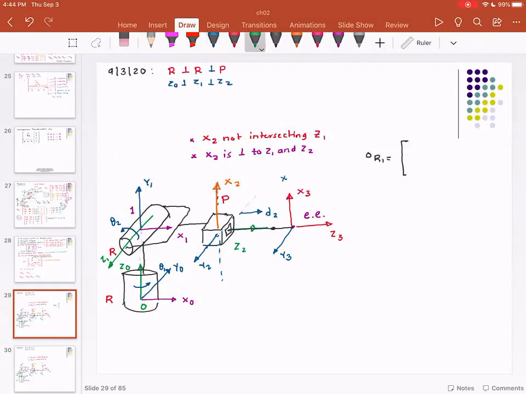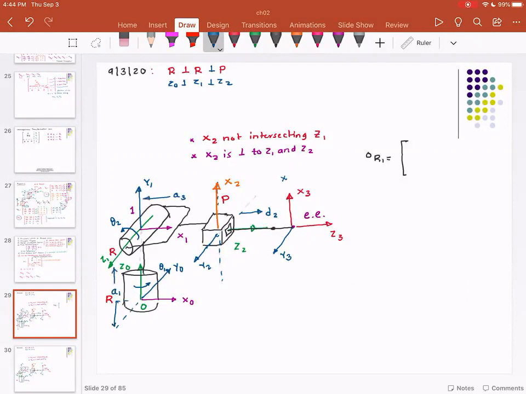Now there are some fixed distances. So I'm going to specify those fixed distances, something like this. The distance here, I'm going to call A2. The distance here, I'm sorry, let me call this distance A1.